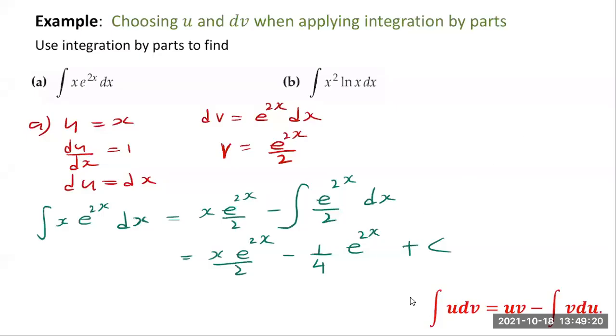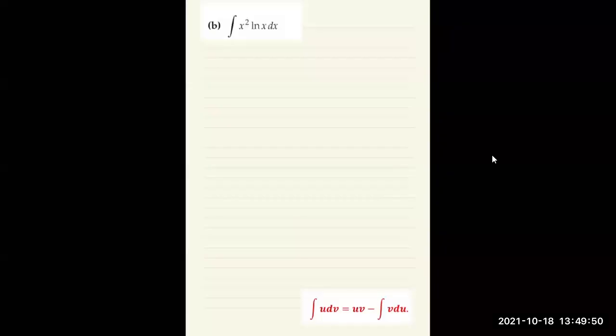Perhaps I will copy the formula. Here, I'm going to make this identification. I need to identify my u and dv. I'm going to identify here my u to be ln x and my dv to be x squared times dx.